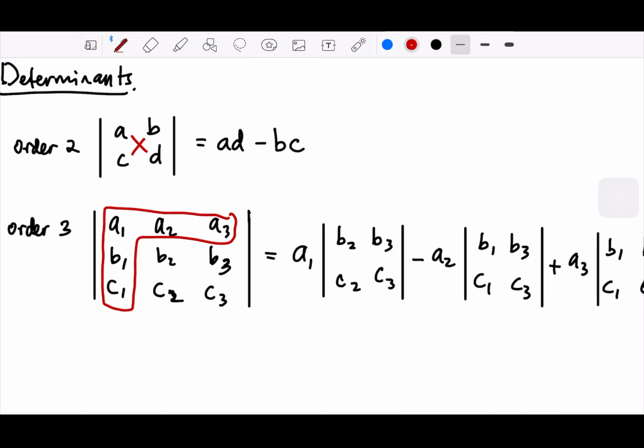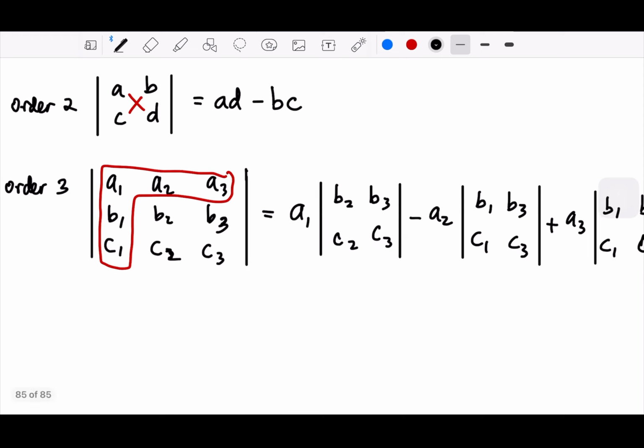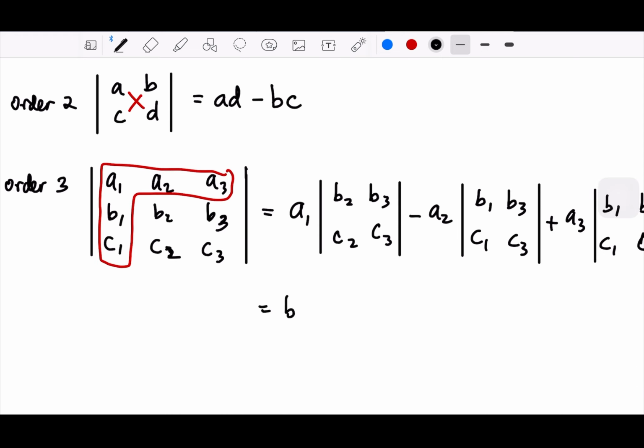Okay. Now, it's not only A1, A2, A3, we can also take B1, B2, B3, or C1, C2, C3. So this will be equal also if, for example, you take B1. So this will be A2, A3, C2, C3.